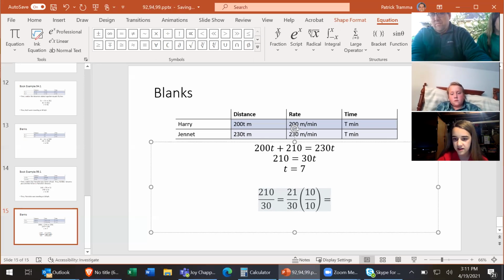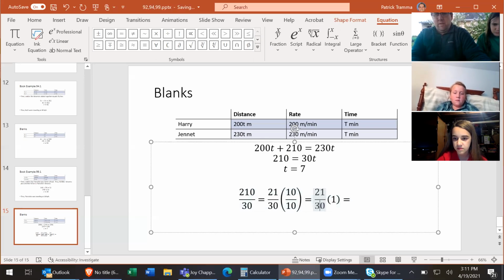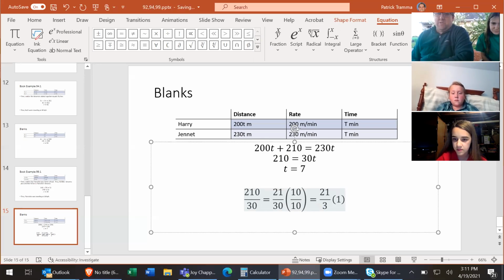No, not over 30, over 3. That's how you got it. You could also just divide 210 by 30, it's just easier to go the other way. So it took 7 minutes.